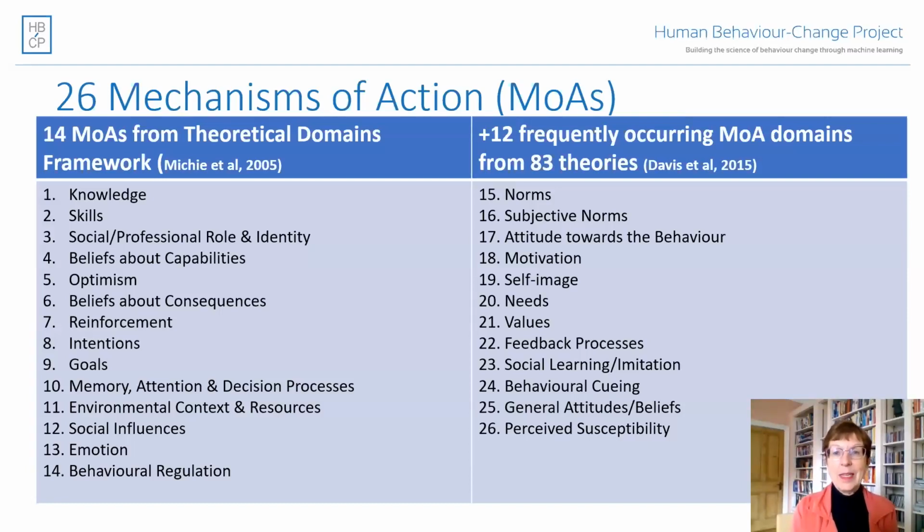However, subsequently, myself and another group of colleagues did a systematic review of theories of behaviour change. We identified 83. So what we looked at were what were the domains there in addition to the 14 that we'd already identified 10 years earlier. And here we see the next 12 that we added to make 26. So these were the most frequently cited domains in the 83 theories.